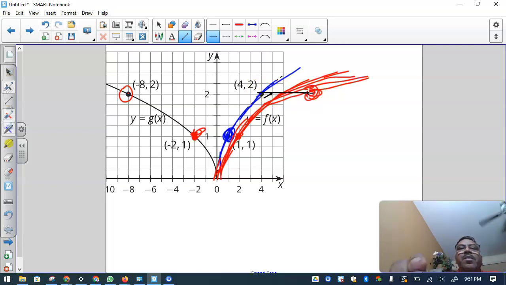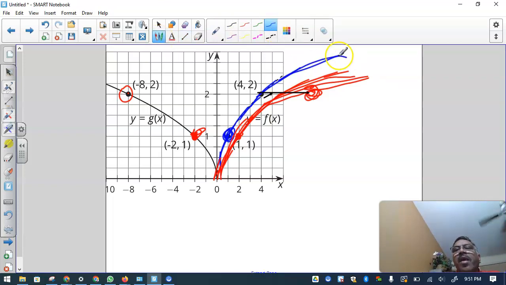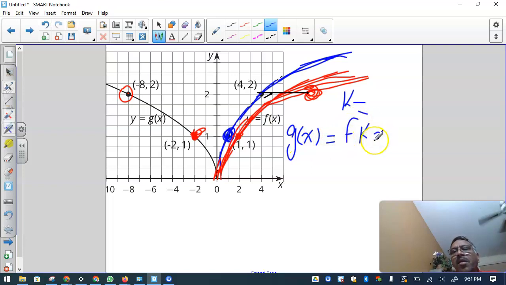So the main thing is this blue graph has to stretch and then shift. So that means g(x) that you see is f of kx, right? So it's not just, k will have to be negative because you are going to reflect and get the black graph on the left side.